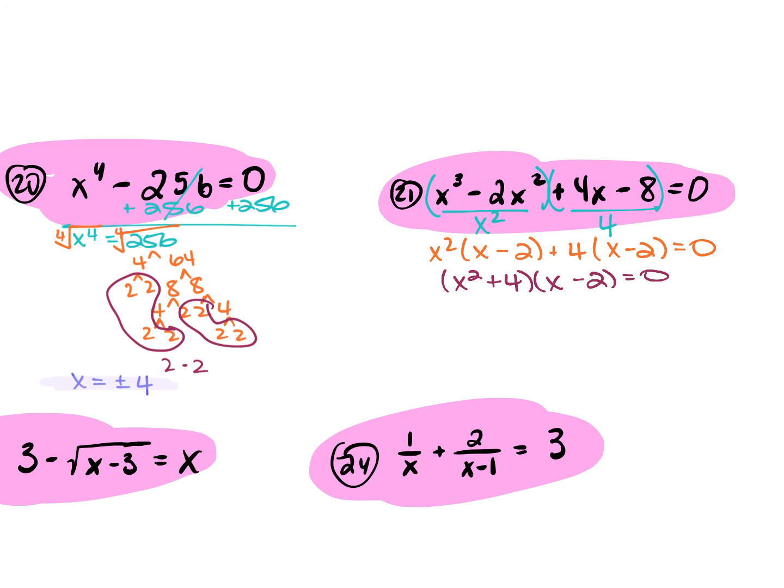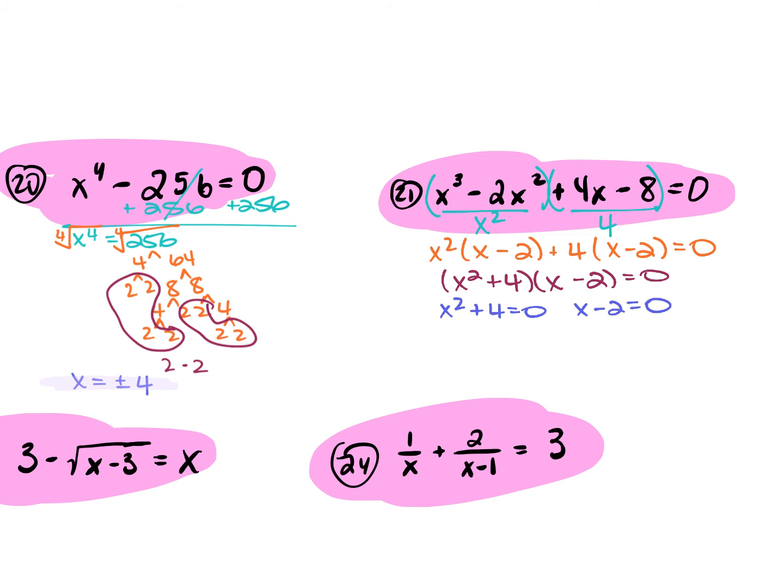Can you factor this any further? Yeah. How? That's x squared plus 4. That's not a difference of squares. Oh, no. So you cannot factor this any further. Set each part equal to 0. You have x squared plus 4 is equal to 0, and x minus 2 is equal to 0. Solve them both.